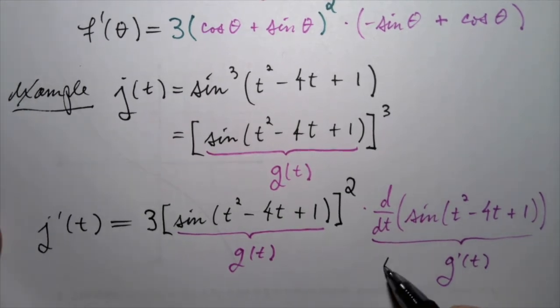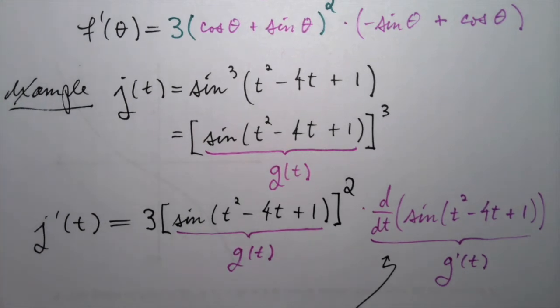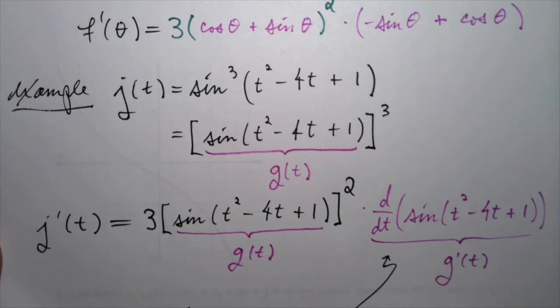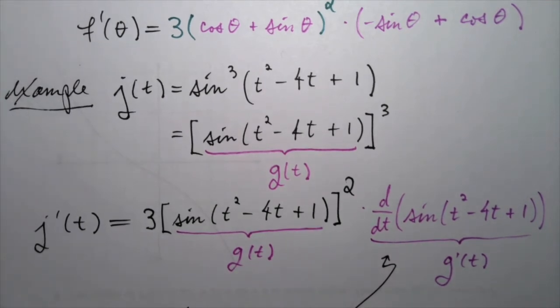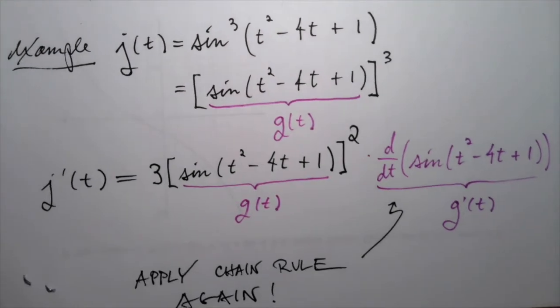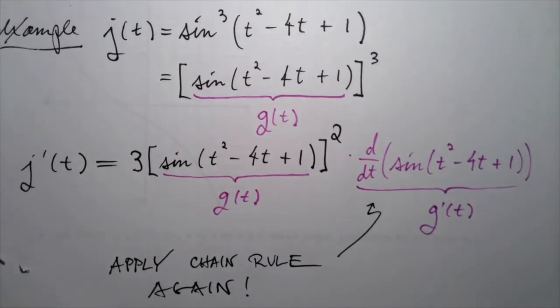So to evaluate this, we need to apply the chain rule again, to evaluate the derivative of sine of t squared minus 4t plus 1.